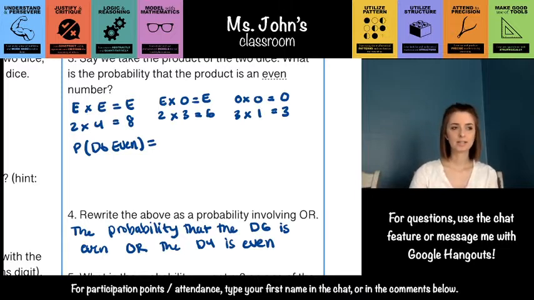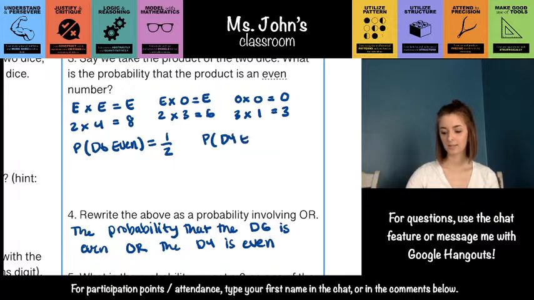Getting an even on the D6 is three of the outcomes out of 6, right? 2 and 4 and 6 are all even numbers, so that's 1/2, 3 out of 6. And then the probability of the D4 being even, we actually already figured that out, is also 1/2 because 2 or 4 out of 4 different options are also even. So 2 out of 4.